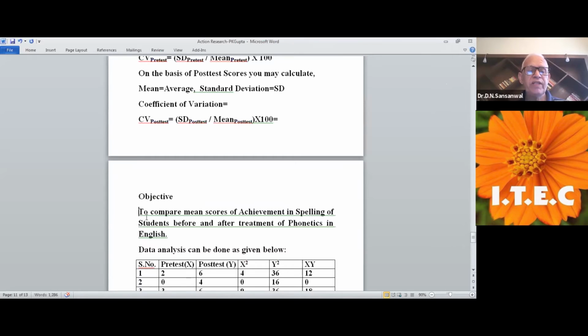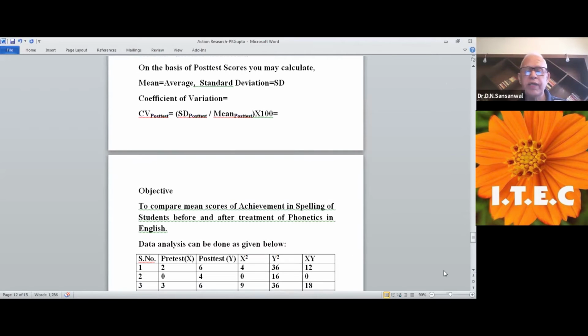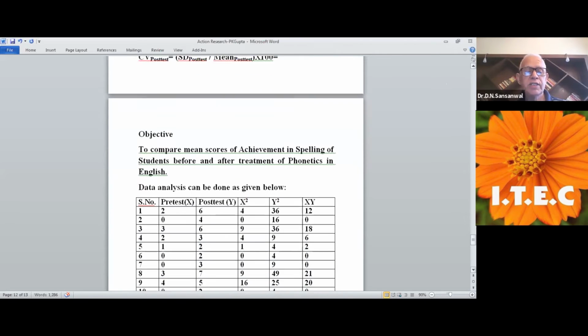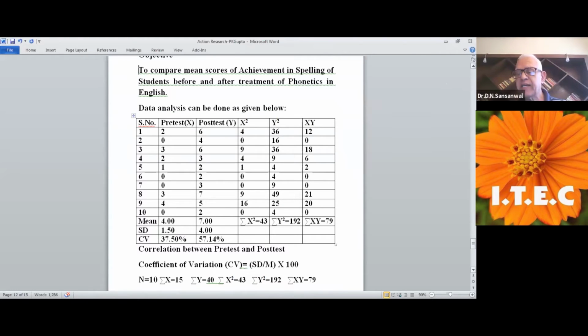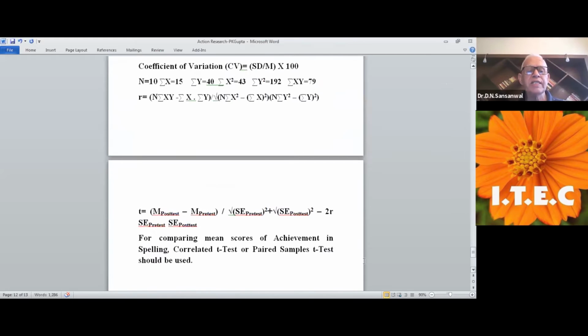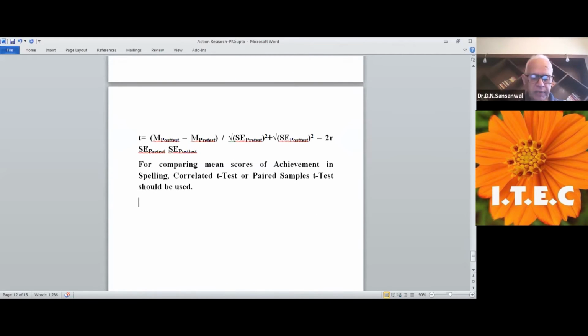If this is my objective, say if you are doing this coefficient of variation, then now I am doing the interpretation for coefficient of variation.